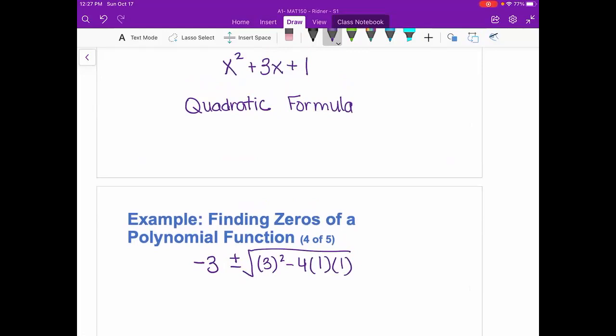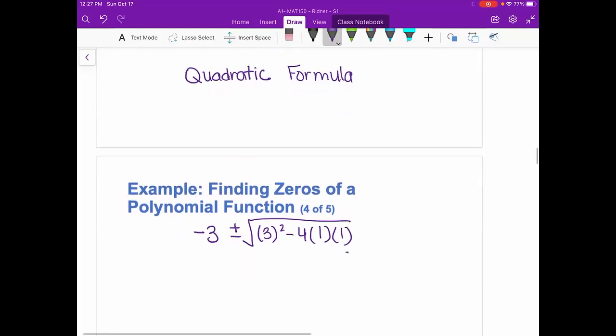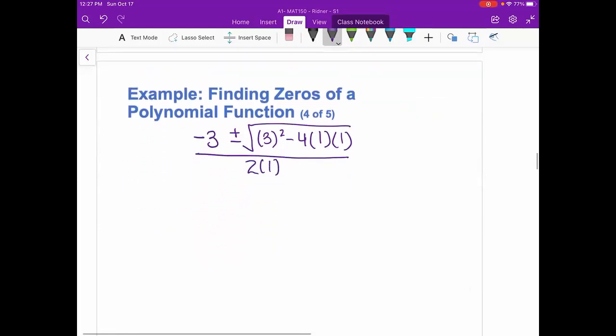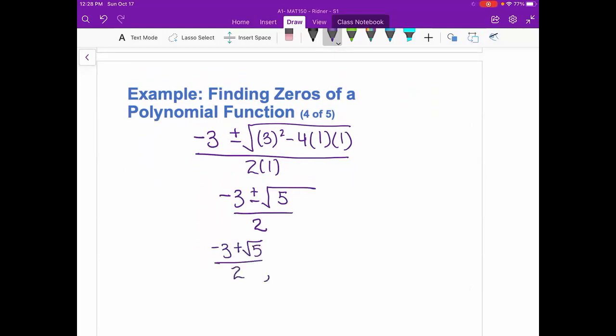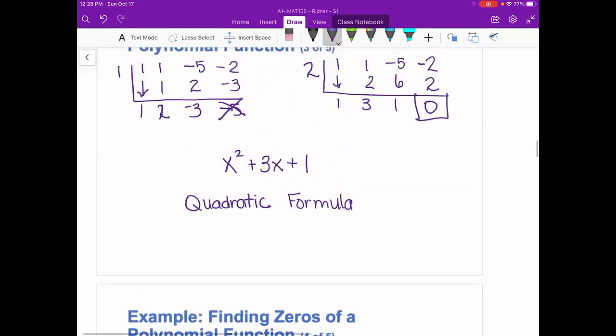So a is 1, c is 1, all over 2 times 1. I get -3 plus or minus the square root of 3 squared, which is 9, minus 4 times 1 times 1, which is 4. So 9 minus 4 is 5. So my answers here are (-3 plus the square root of 5) over 2, and (-3 minus the square root of 5) over 2. And then what was the original thing that gave me a remainder of 0? Because that is the other one. That is 2.